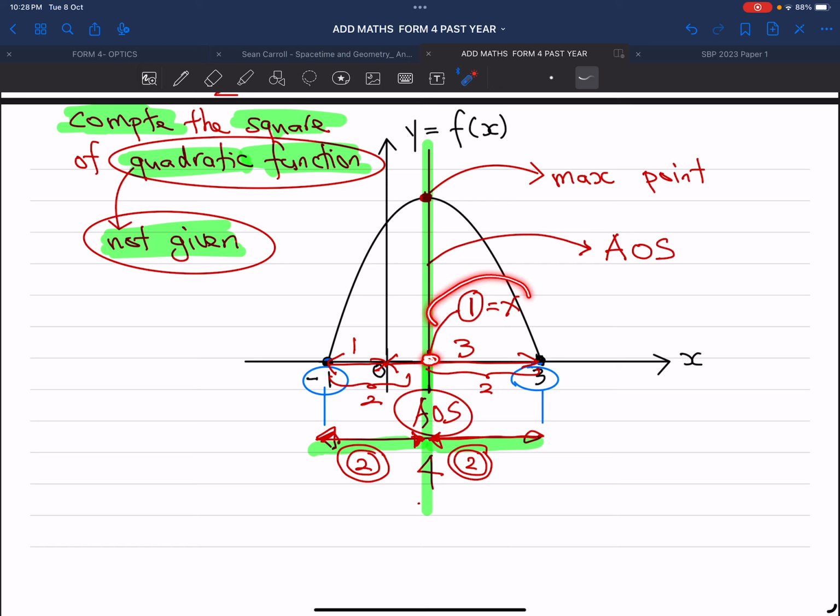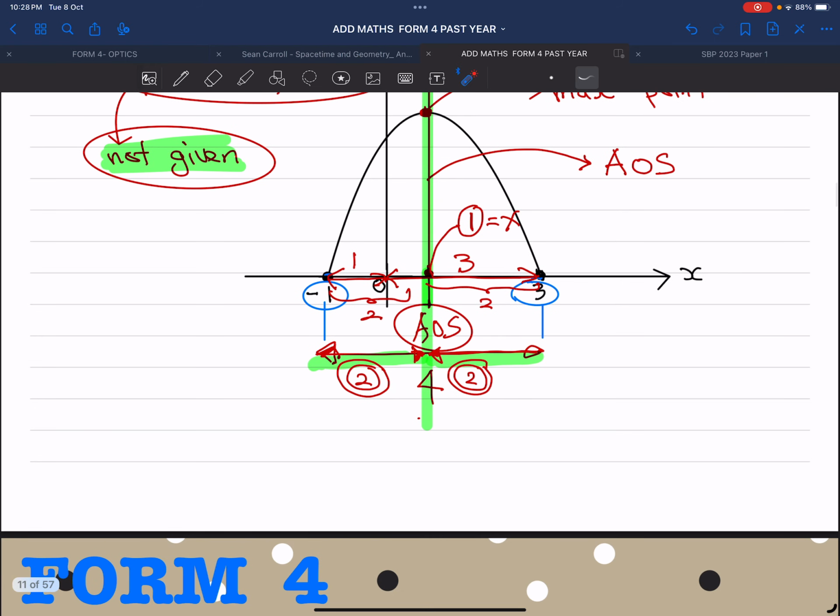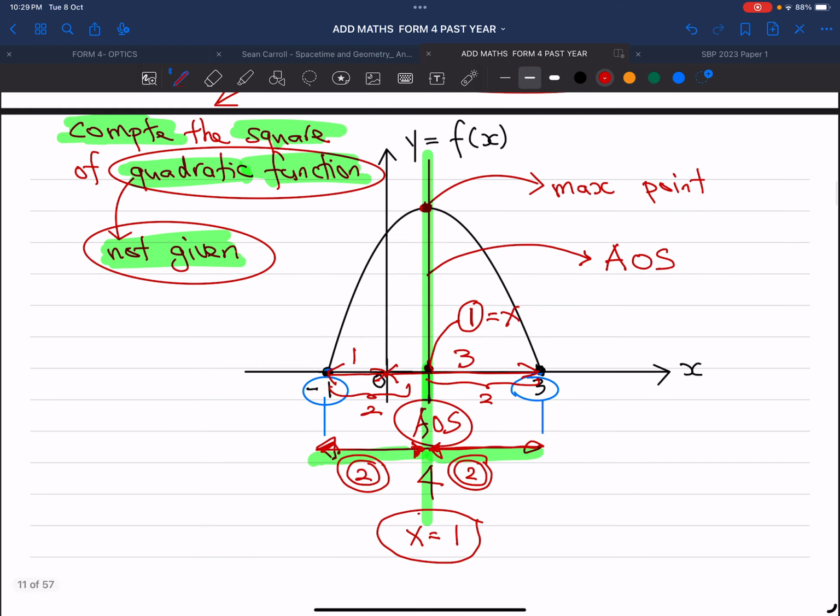And I said just now, the x coordinate is the equation of the axis of symmetry. So now the x coordinate is 1, which means this maximum point has an x coordinate of 1. So for this point (x, y), the x coordinate is 1.